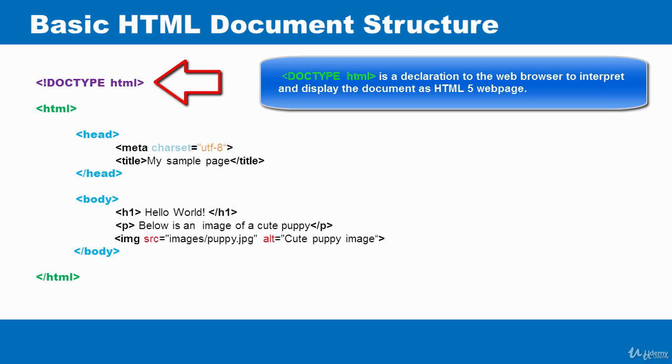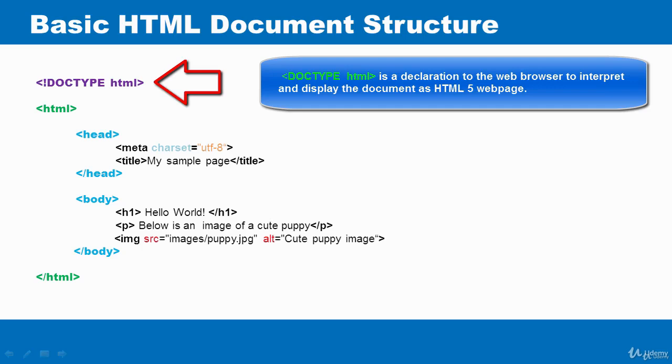You always have to add the doctype declaration to the very top of your document. It's the first thing you should do, so the web browser knows what type of document to expect, and then it can render the correct document.